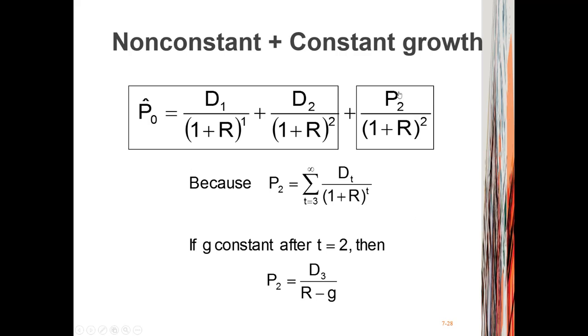And this P2 can be calculated based on the Gordon growth model. This is called a two-stage model, non-constant plus constant growth model.